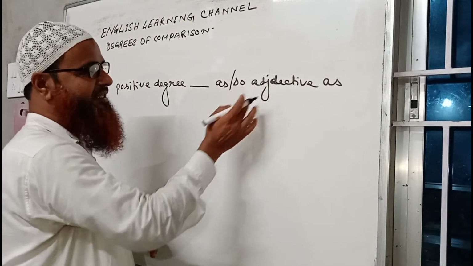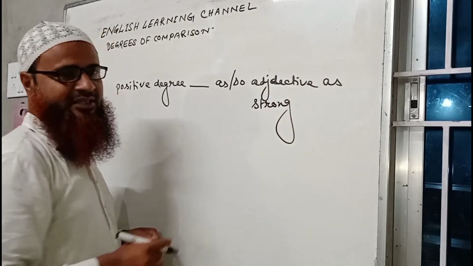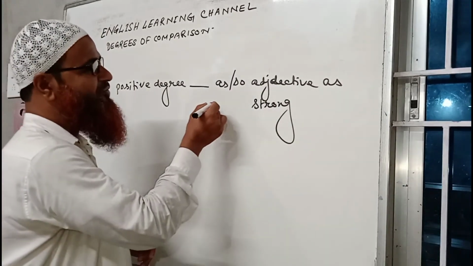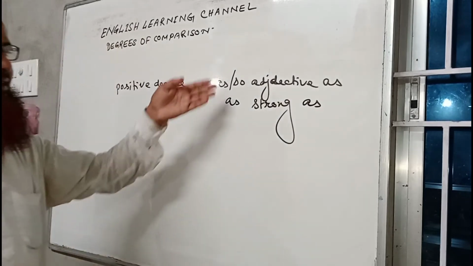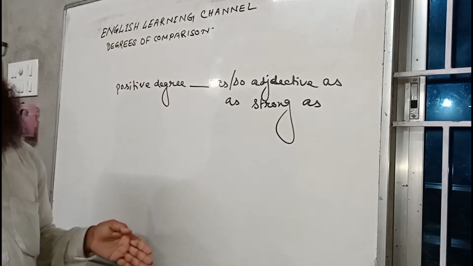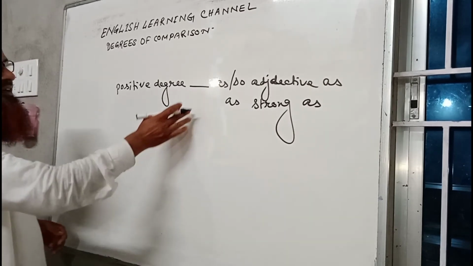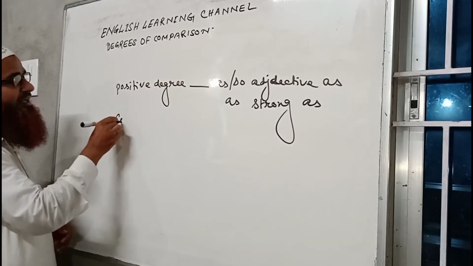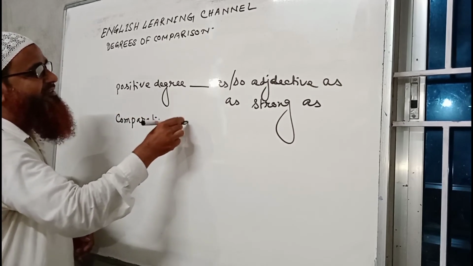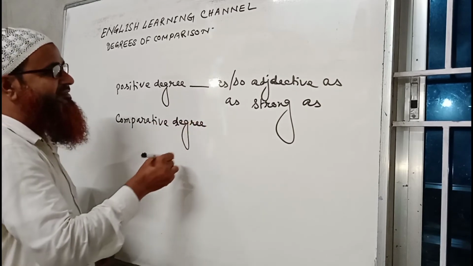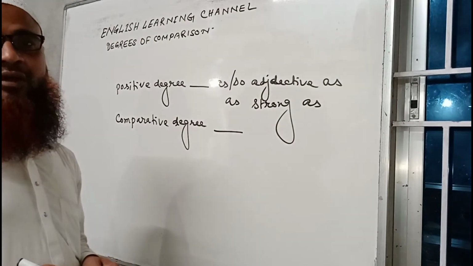Okay, like we can say strong. So this is a word of positive degree. So we have to write as strong as. Okay, and if we write it in negative, we may use so also, so strong as. Okay, then if we write it in comparative degree, the characteristic of comparative degree is that we have to use than after the comparative degree of the adjective.